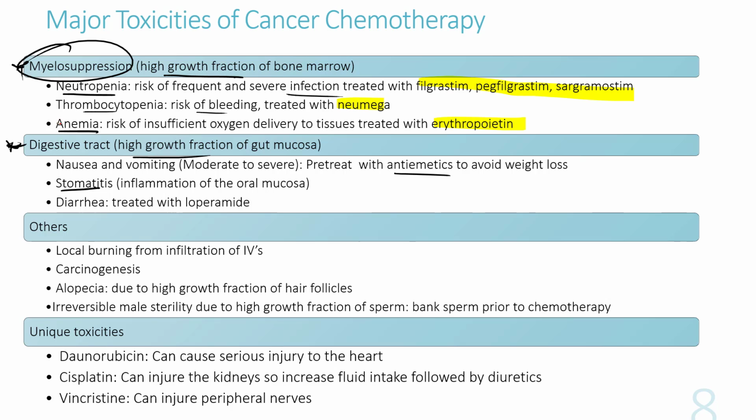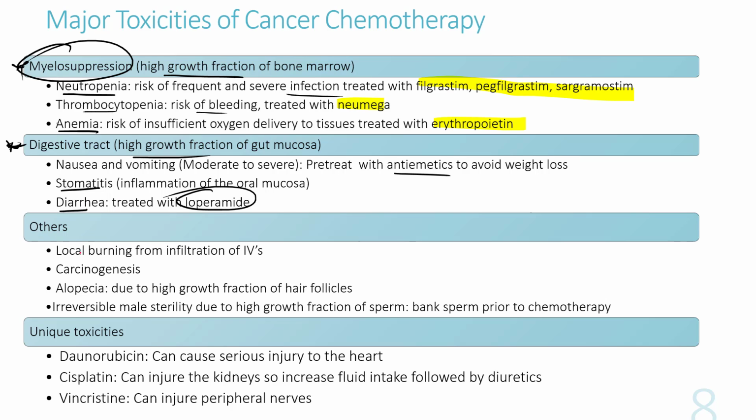Diarrhea might also be a side effect, and that's treated with loperamide or Imodium. So you've got a chemotherapy that has a widespread effect on other normal cells in the body, but thankfully there are drugs to treat most of these adverse effects that are common with most cancer chemotherapy.